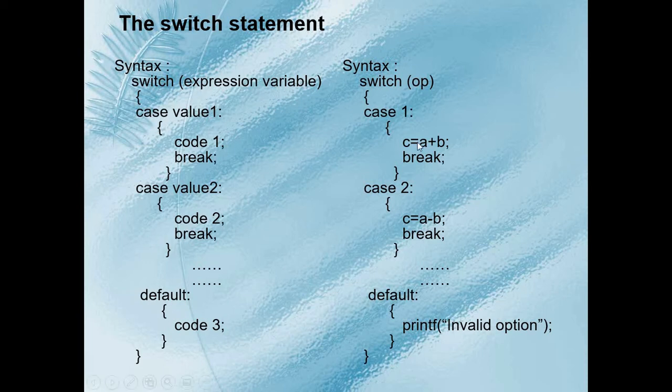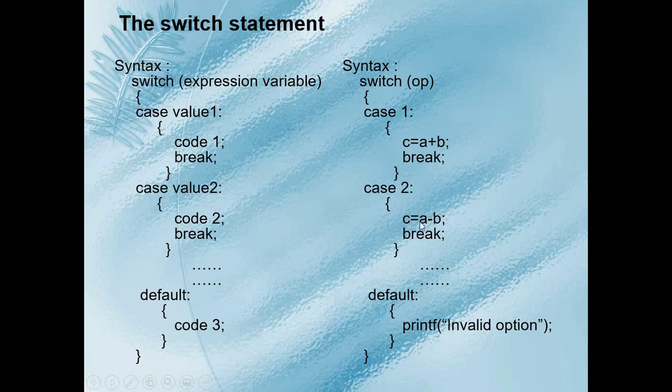Suppose the user enters the value 1, then this option 1 matches with the value of the first case 1. So when option 1 is selected by the user, it will calculate the addition. If the user selects option 2, then this option matches with the second case value.